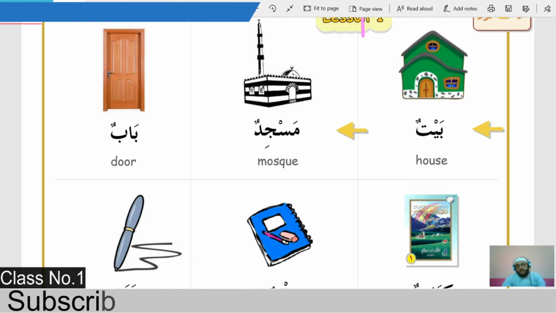That's why it's very important to understand these words and try to use them in our daily life. These words are almost all used in our daily life. So inshallah, we will read major vocabularies in today's lesson, and these will be used in our future lessons. Without wasting our time, let's get started.